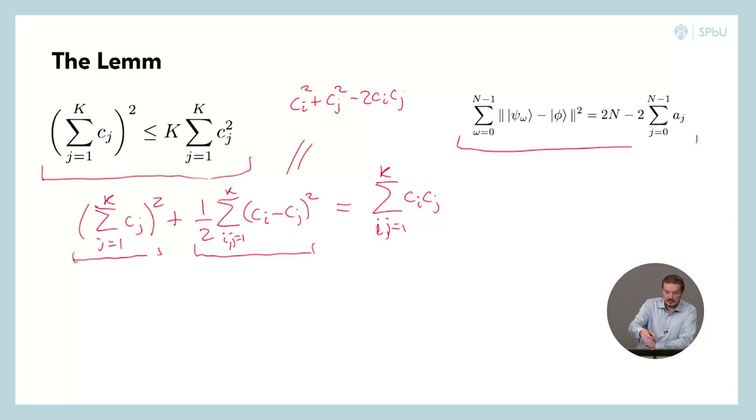And if you fix, for example, j here in this sum, there will be k different i's for this j. And if we fix i, there will be k different j's for this i.